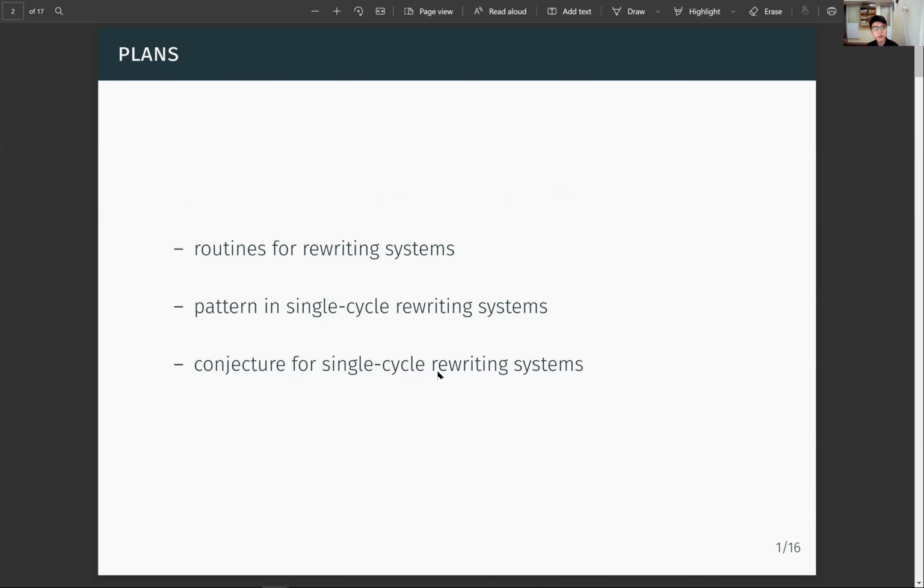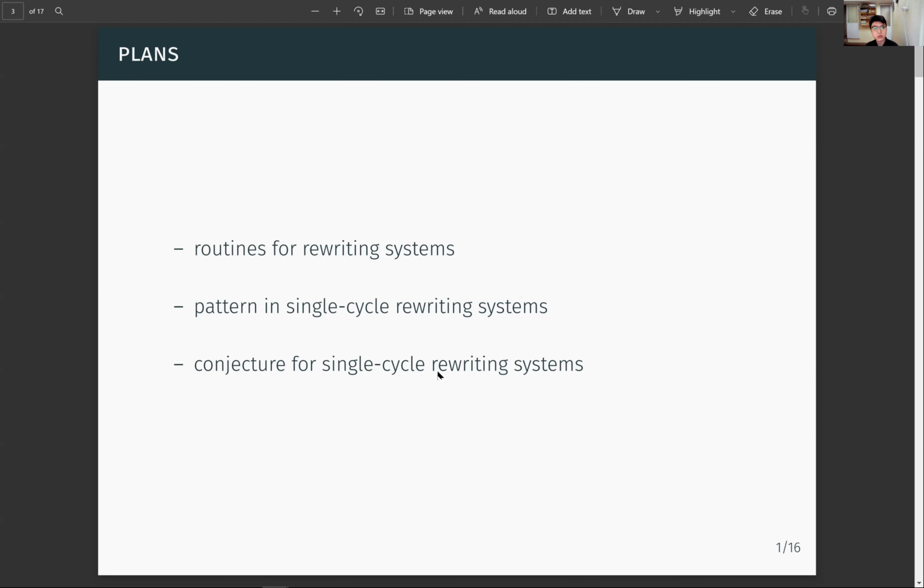First, I'll describe the programs or routines for rewriting systems that I have written in Python. The second is about a pattern in single cycle rewriting systems that we have gotten from experimenting with those routines. And the last one is to present a conjecture for single rewriting systems from the pattern that we have observed.